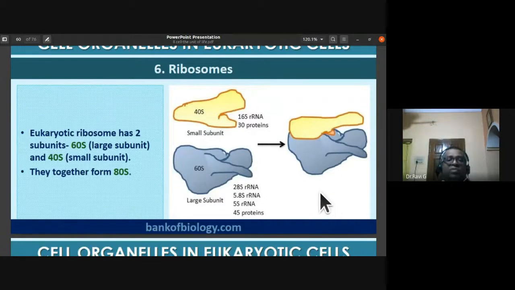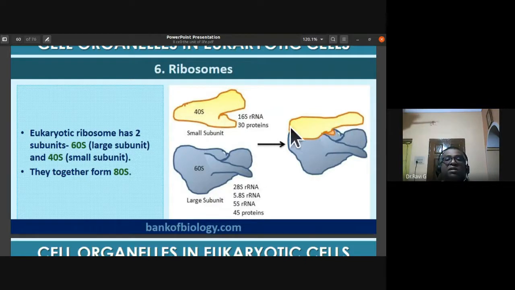The eukaryotic ribosome has two subunits. The larger subunit is 60S and the smaller subunit is 40S.